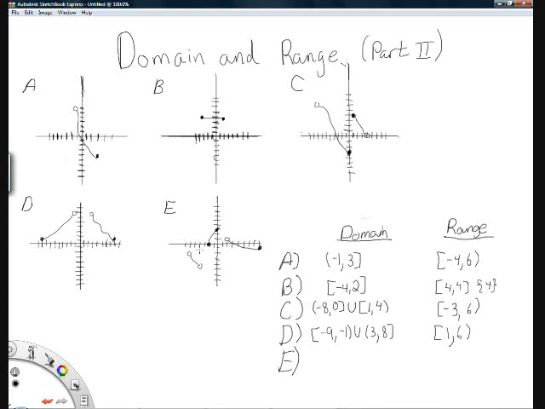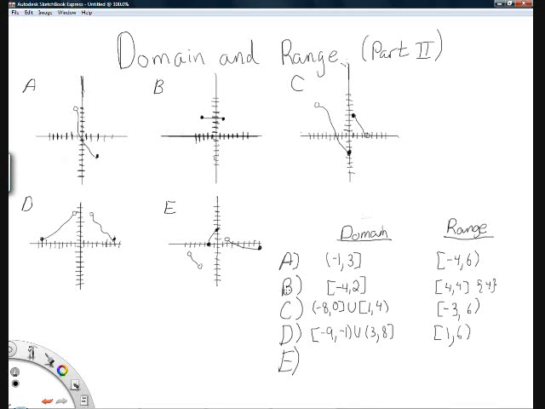And E, I made into 3 pieces of a graph here, just to illustrate that it can be more than 1, more than 2. So this domain is at -6 to -4, excuse me, not including -6 or -4, -2 to 0, and 2 to 8.